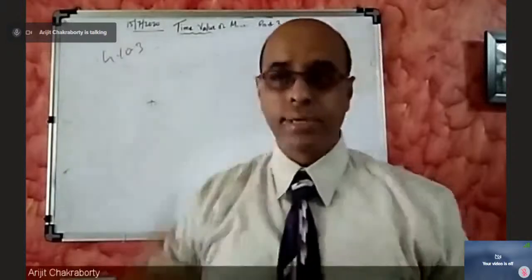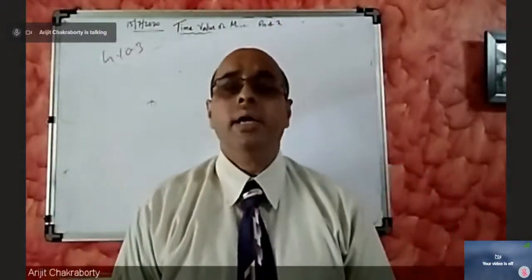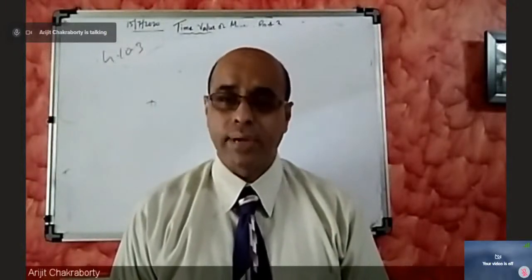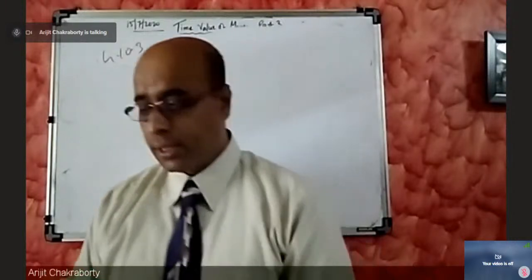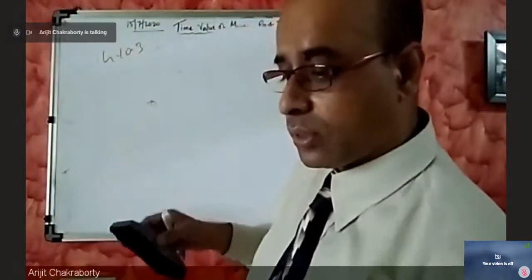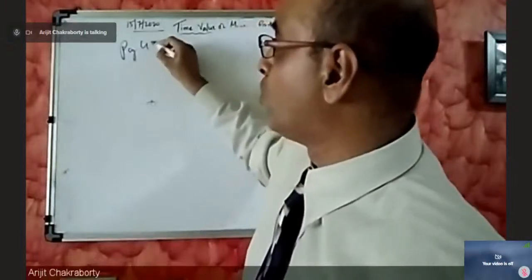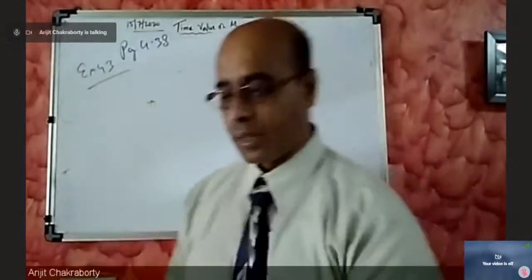We have also done perpetuity, all the applications possible, plus in detail I have also done a number of problems with respect to the effective rate of interest and also with respect to the annuities. Okay, so this is example 43 on page 4.38.